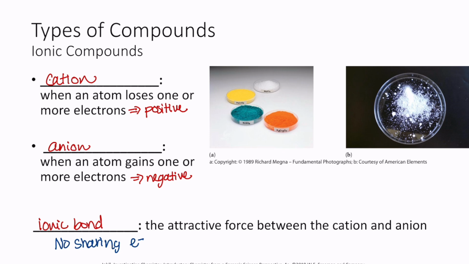Ionic bonds happen from a full transfer of electrons. That full transfer of electrons results in a positive or negatively charged ion. And the positive, negative attractive forces are what hold the ionic bond together.